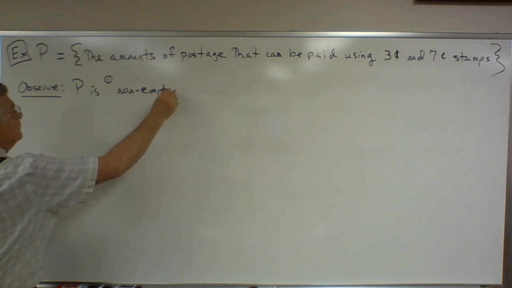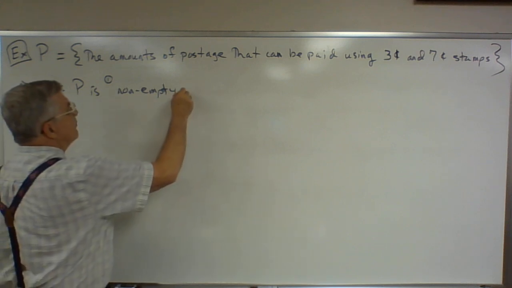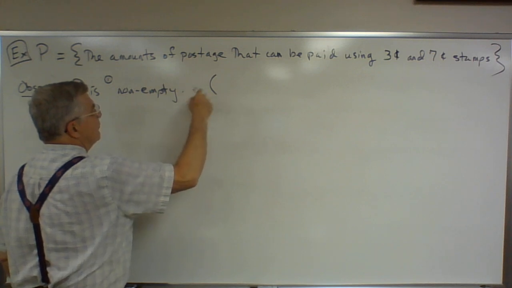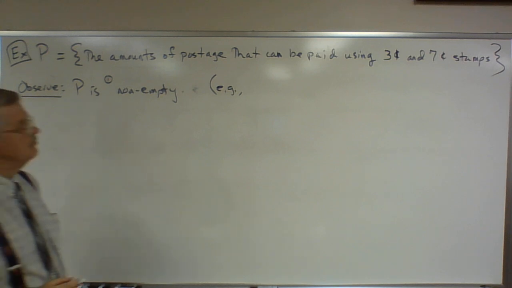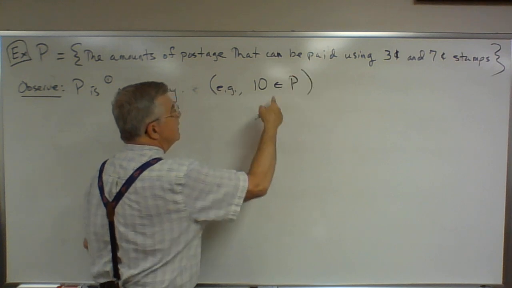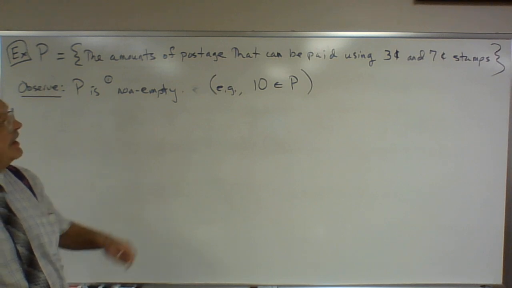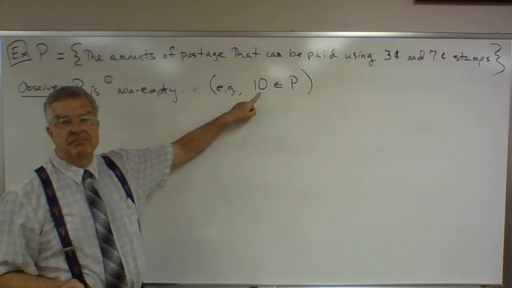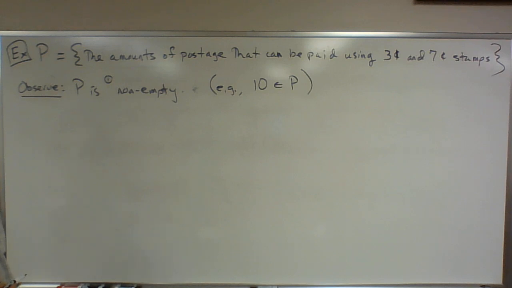P is non-empty. For example, 10 is an element of set P. We can pay 10 cents of postage with one 3-cent stamp and one 7-cent stamp. So P is non-empty.